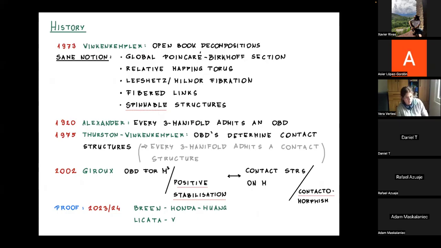That's in a slightly more restricted setting of complex manifolds, or fibered knots, and spinnable structures. They were all words for open books, and now I think open books has really stuck. So that's the word we are using nowadays.